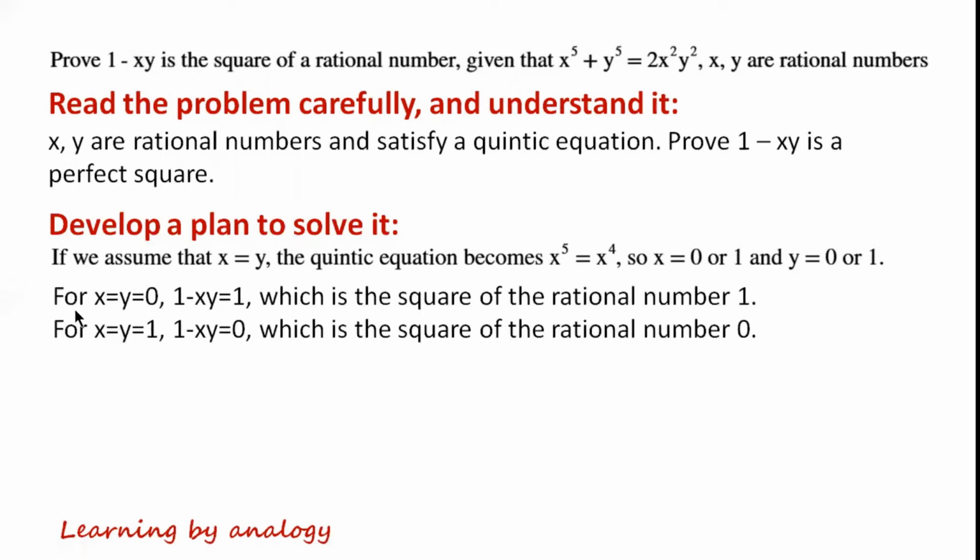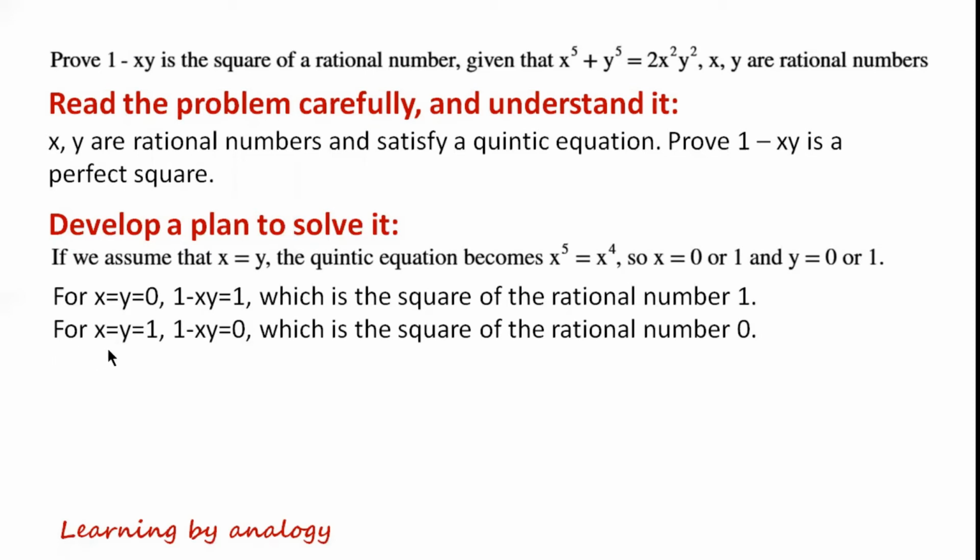For x equals y equals 0, 1 minus xy equals 1, which is the square of the rational number 1.